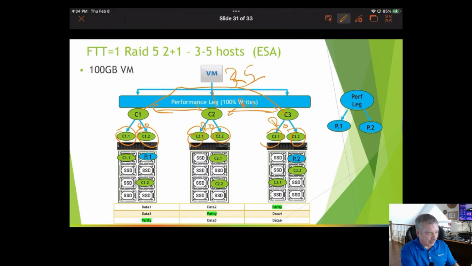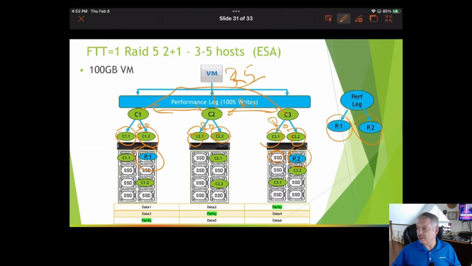And then here's our 2 performance legs, as I mentioned before. The performance legs you'll never see on the same host, because that would be silly. Think of the performance leg as my write cache. You write in it, and if you lost both of them, you just lost that write, and that wouldn't be a good thing. And that's about it.